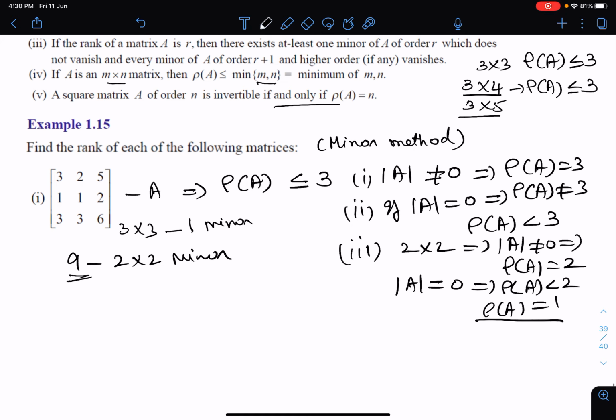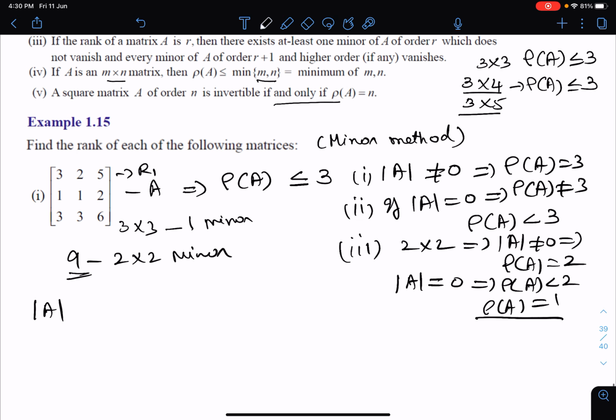So first we are going to find the determinant A. You can expand it through R1, or instead of expanding through R1, you can use your properties also. Here you see row 2 and row 3 are proportional, isn't it?